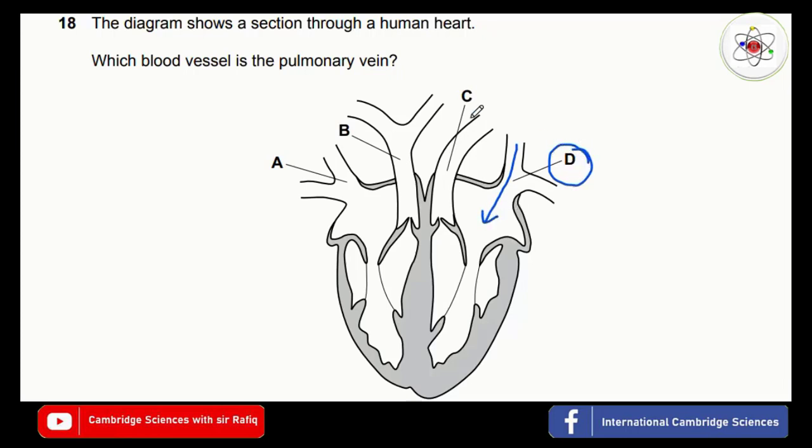D is our answer, whereas C is the aorta, which supplies the oxygenated blood to all parts of the body. A is the vena cava, and B is the pulmonary artery.